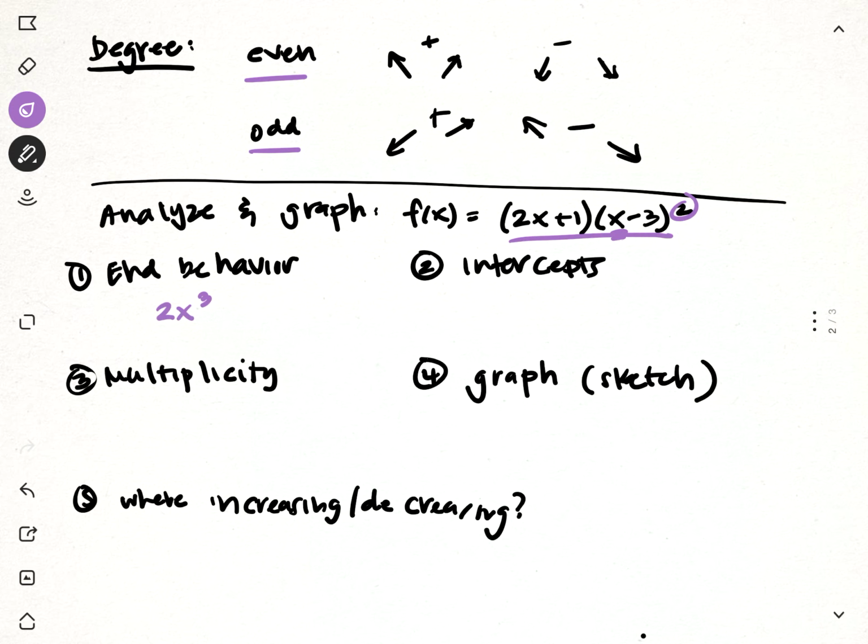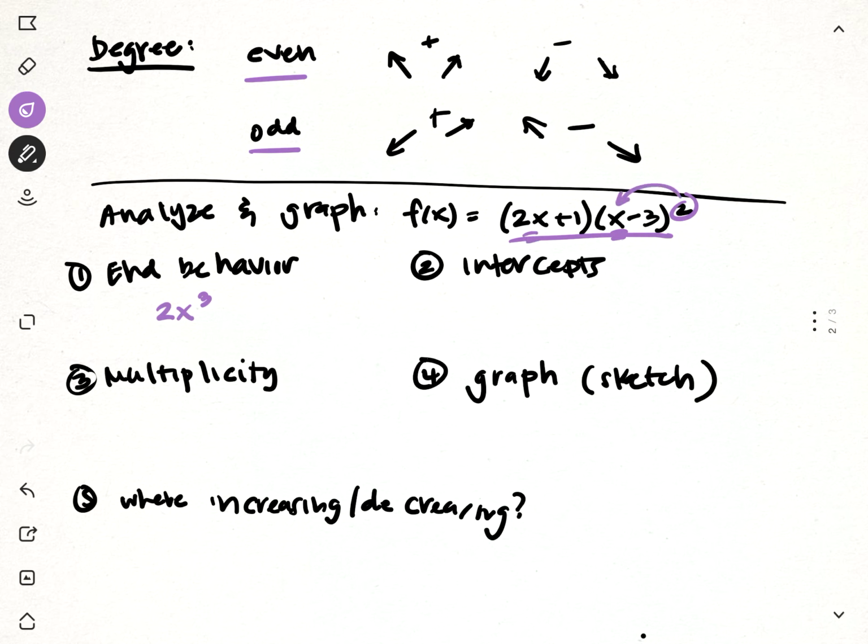Again, we take our parentheses and square our x part. We're not worried about the rest of it. Because we're talking about end behavior, we're just worried about our leading term. If we multiply the x minus 3 by itself, we get x squared. Then we multiply that with the other x here to give us our biggest degree.